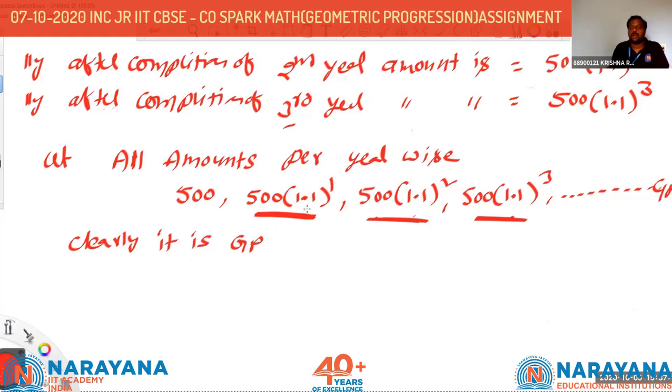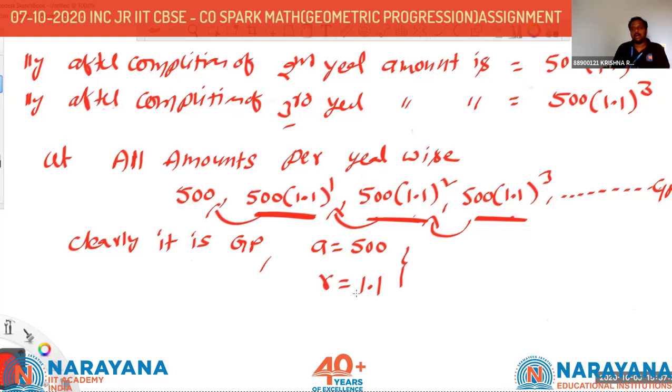Common ratio is there. Check it: 1.1 is the common ratio. First term A is 500. For the common ratio, divide one term by the previous term: 500 cancels, 1.1 whole cube by 1.1 whole square is 1.1. So A value and R value are there.